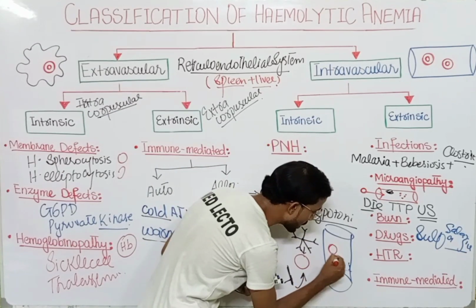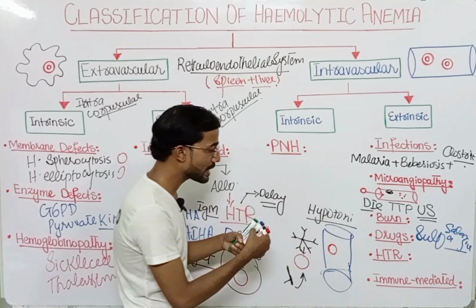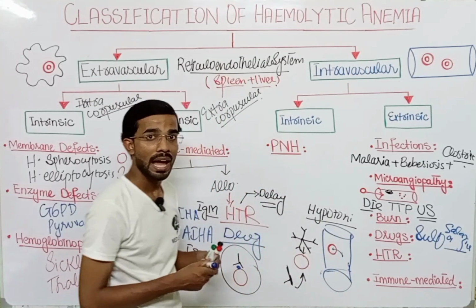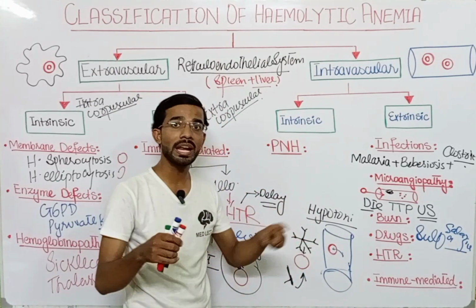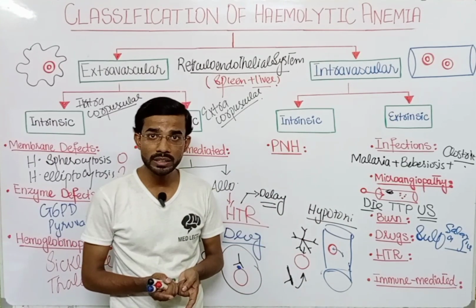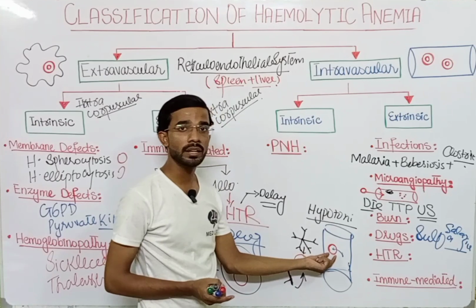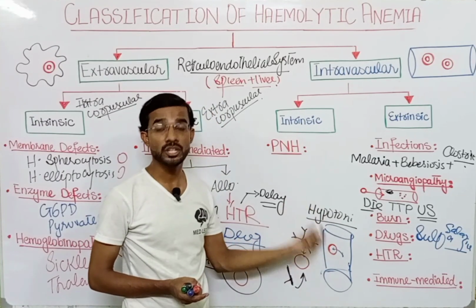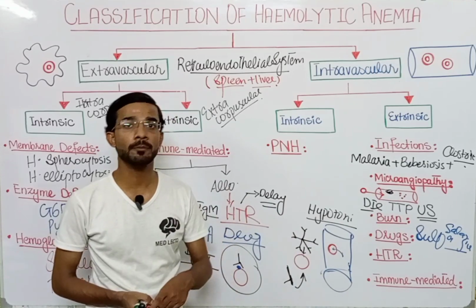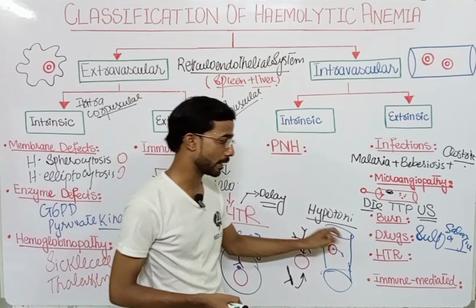So here are the RBCs. The water that is present in the blood vessel starts flowing inside the cell, and the RBCs swell and rupture because there is no cell wall supporting the RBCs. So RBCs suddenly rupture, and that causes intravascular hemolysis due to the hypotonic solution provided by the IV line. So that's the most important thing.